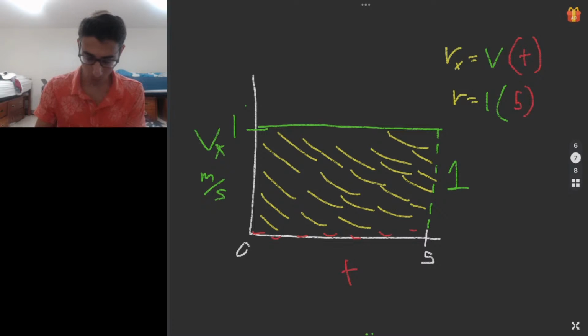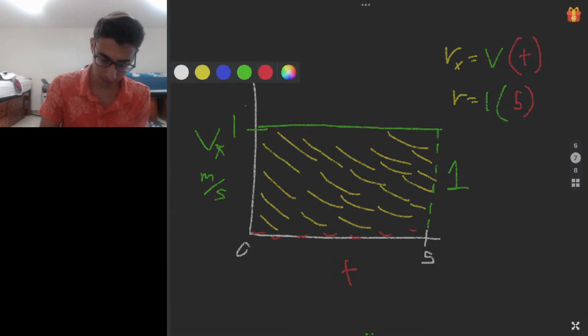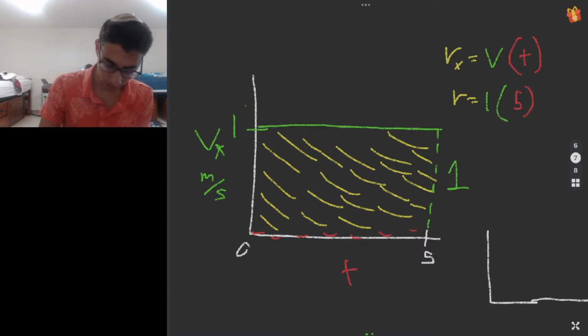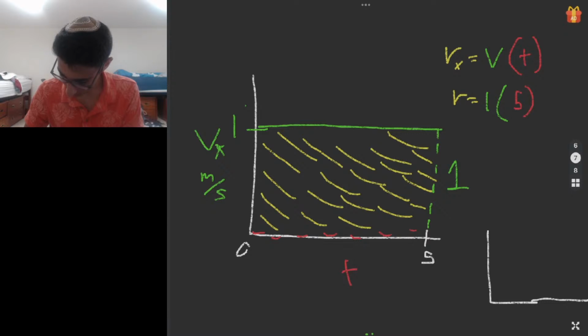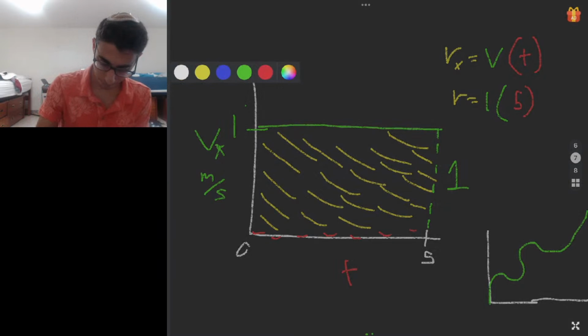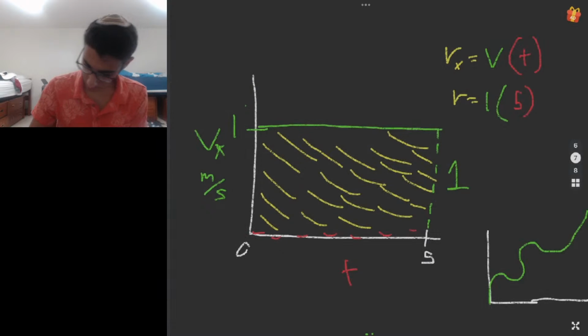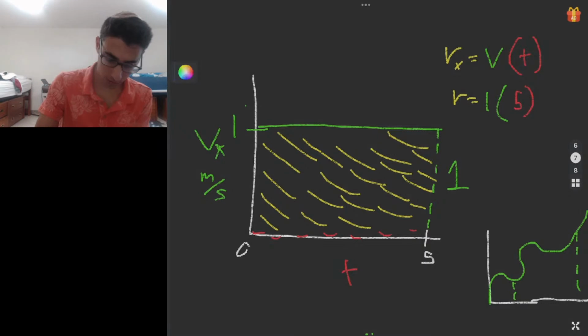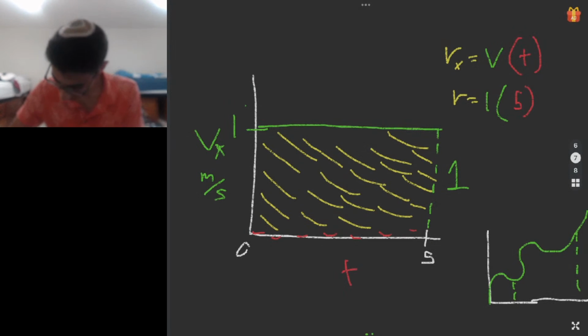And this fact holds true no matter what velocity looks like. So if I make another graph, and velocity looks something like this, then between these 2 moments of time, the amount of distance you've traveled is the area.